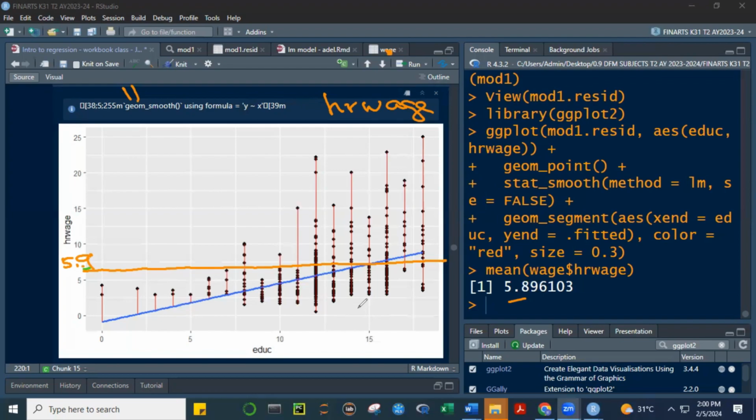Okay. All right. So, if we're going to use that value, the question is, are there residuals? Are there errors?